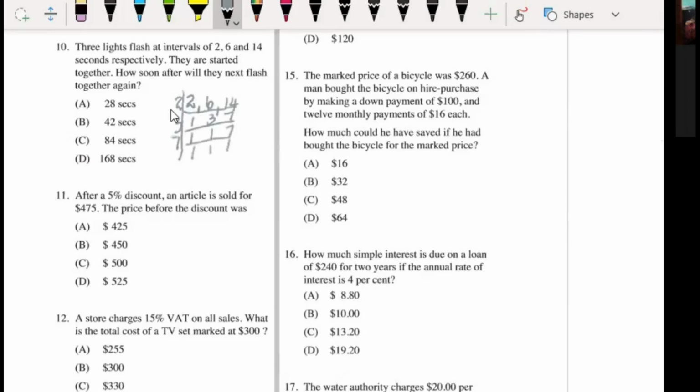So it is 2 times 3 times 7, which is equal to 42. That is a quick complete there.